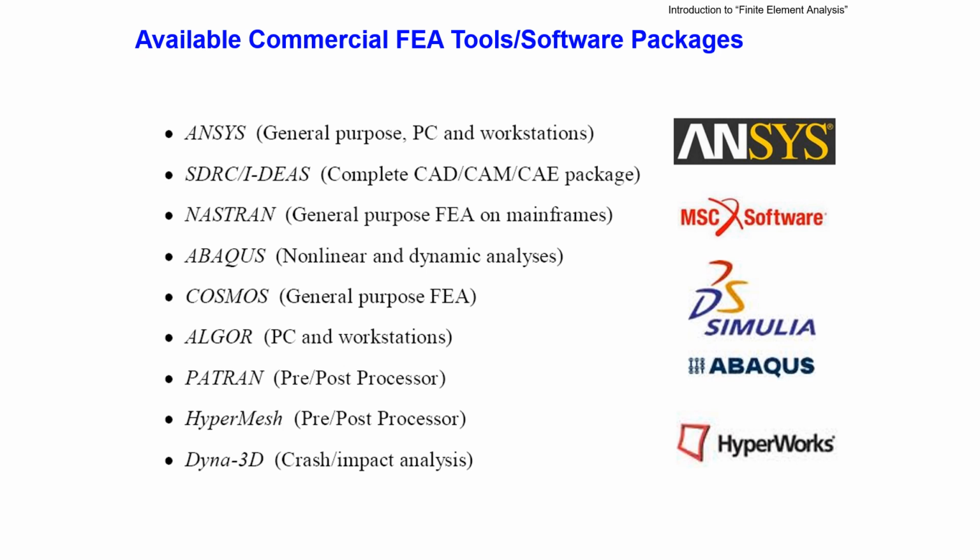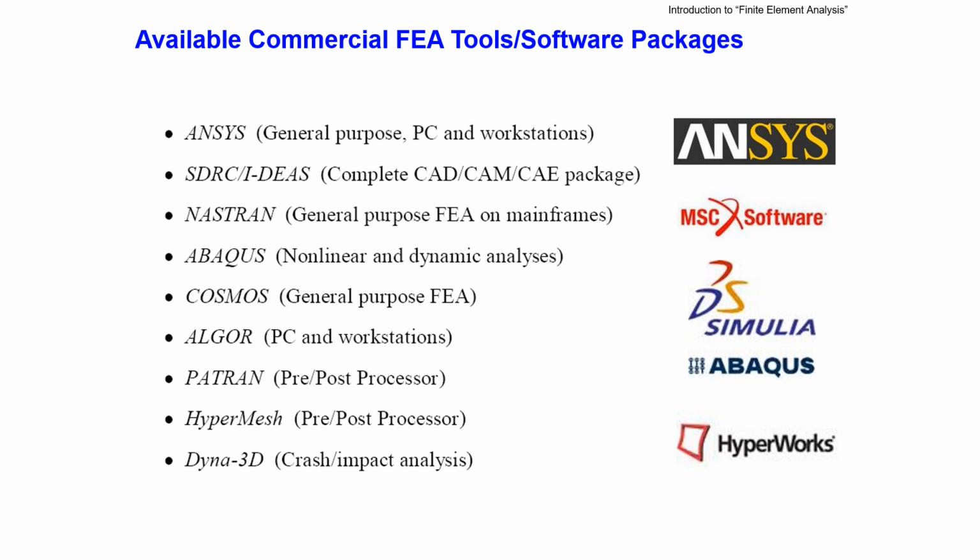Commercially, there are a lot of software packages which are using finite element tools. If you want to do a finite element analysis, we can use different commercial packages as shown there. First one is ANSYS. As we all know, it is one of the most popular softwares used for FEA.